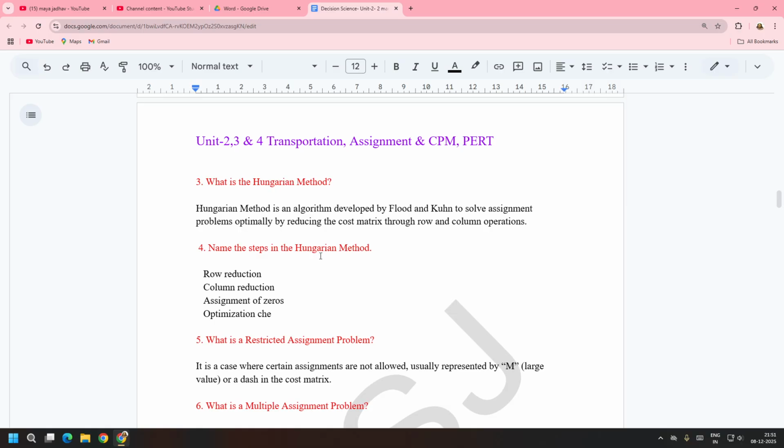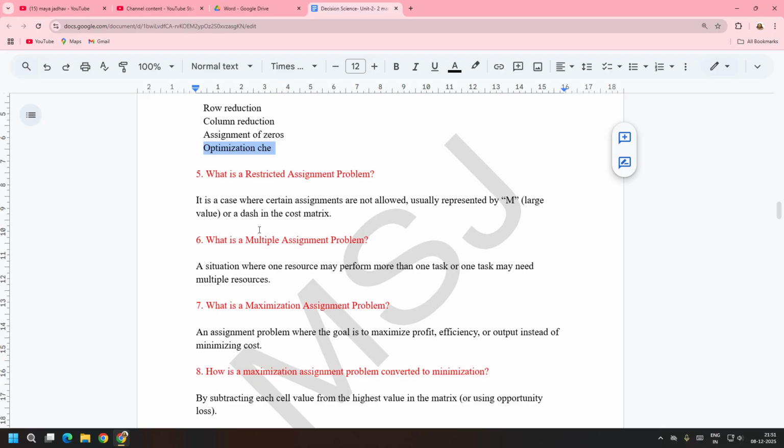Name the steps in the Hungarian method: row reduction, column reduction, assignment of zeros, optimization. What is restricted assignment problem? It is the case where certain assignments are not allowed, usually represented by capital M, a large value, or a dash in the cost matrix.